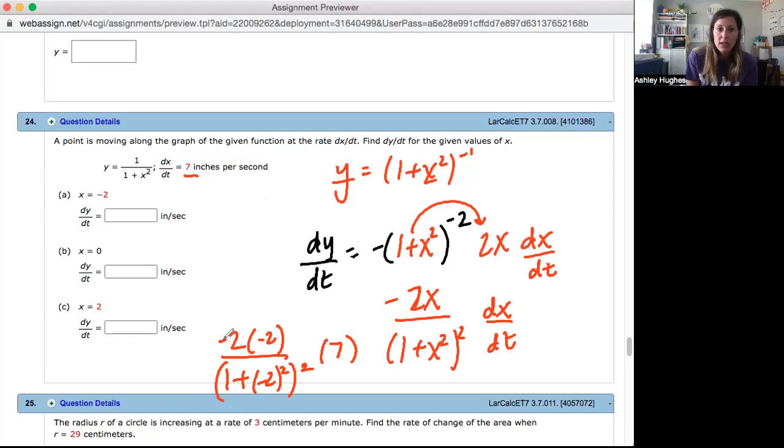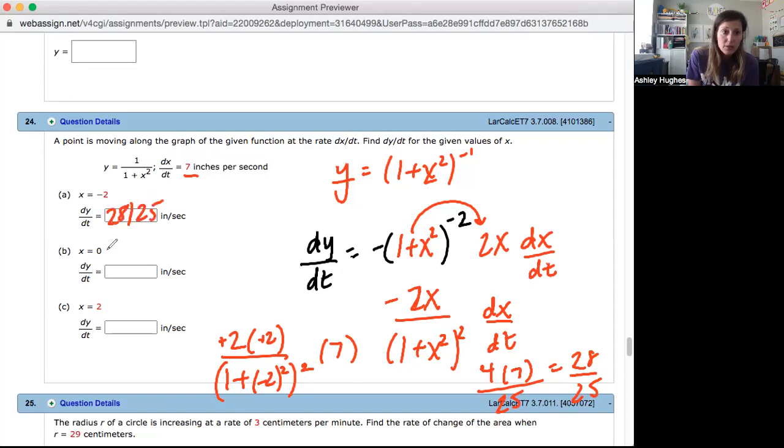So you just need to multiply that all out. So that would be 4 on top times 7 over 4, 5, 25. 28 over 25.